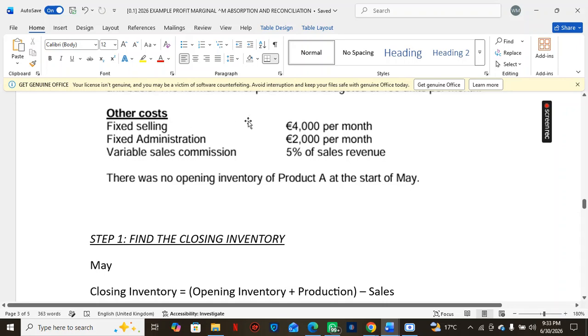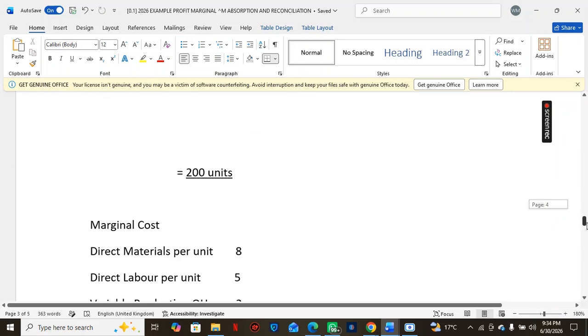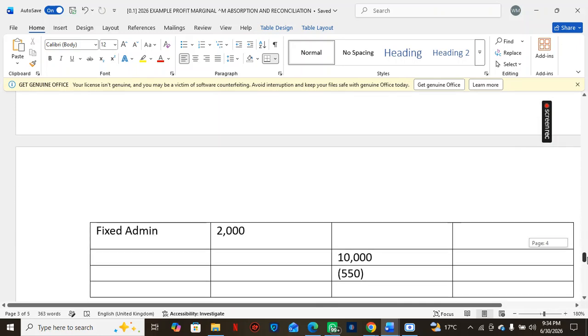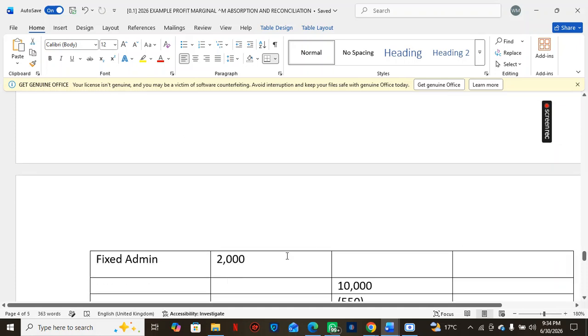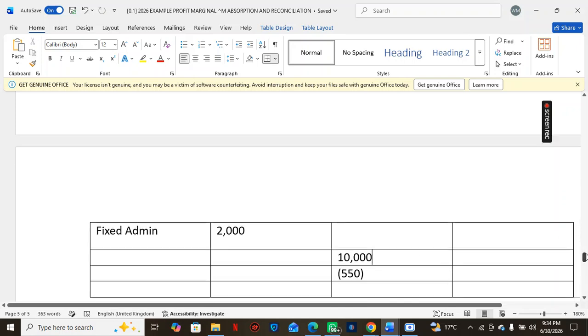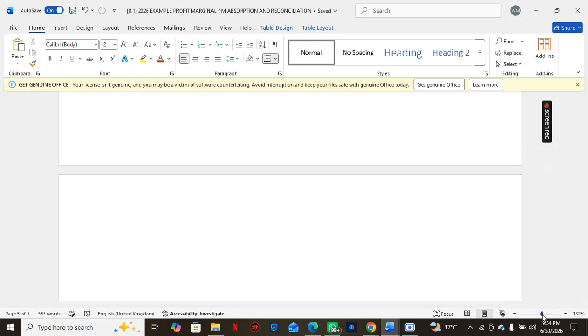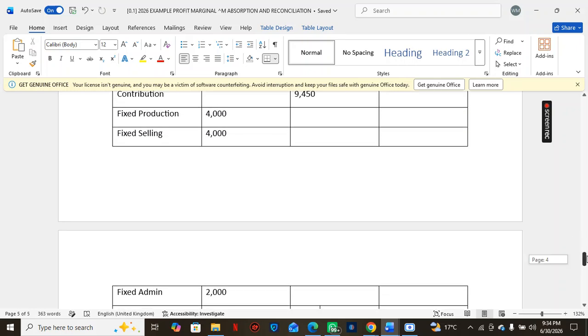Fixed admin 2,000 euros per month. Okay. So 4,000 plus 4,000 plus 2,000, you get 10,000 euros. That's the total fixed costs.